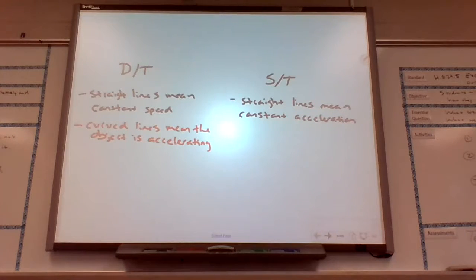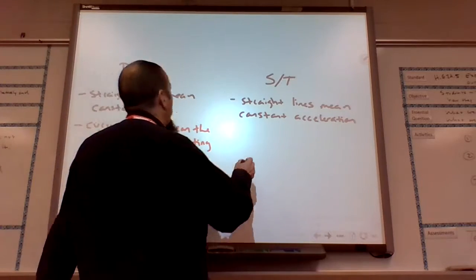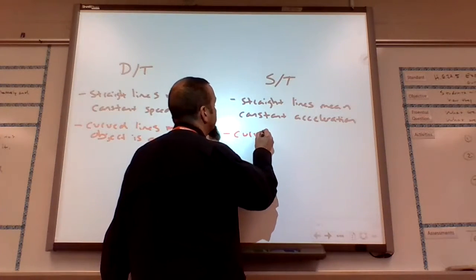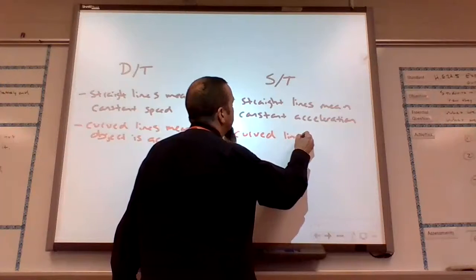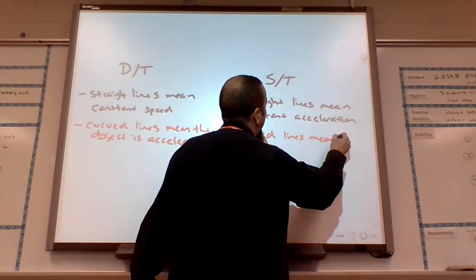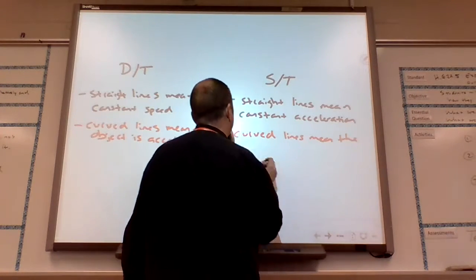So again, look to see what's happening to the slope. If it's getting steeper, then you're increasing its speed, that's positive acceleration. If your line is getting lower slope or flatter, then you've got negative acceleration, it's slowing down. Over here, curved lines mean the rate of acceleration is changing.